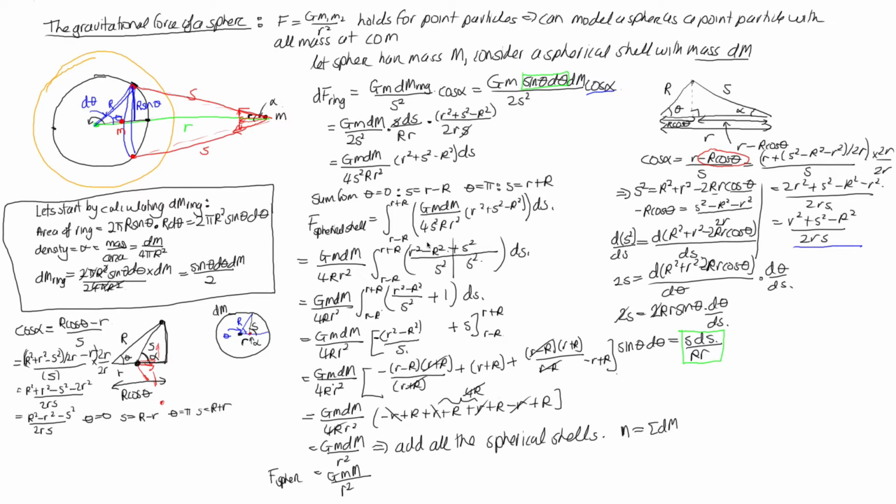So let's now substitute into here just like we did before. The differences are now the limits and the sign. You can see that this has got an opposite sign to what our cos alpha did before, but everything else is just going to be the same. So let's write that down. We've got F for the shell is equal to, so because it's the same, I'm going to pull the same common factors out the front, GM dm over 4R squared.